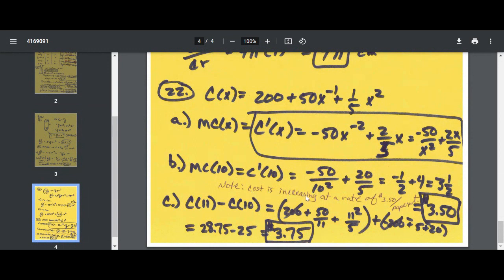That means the cost is increasing at a rate of $3.50 per item, where dx is the number of paperweights. If I ended up getting negative 350, then I would say decreasing at a rate. Okay, good on that.